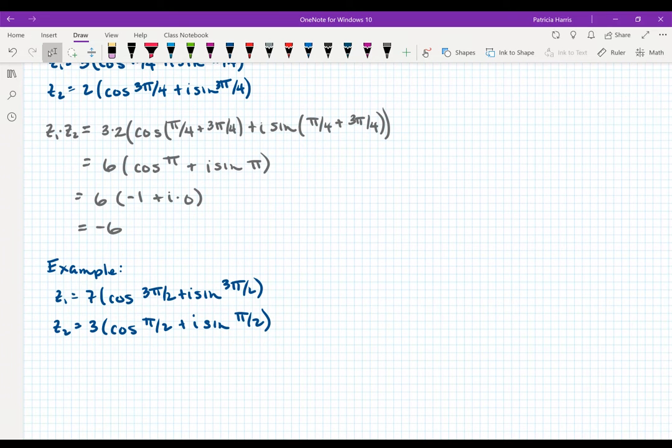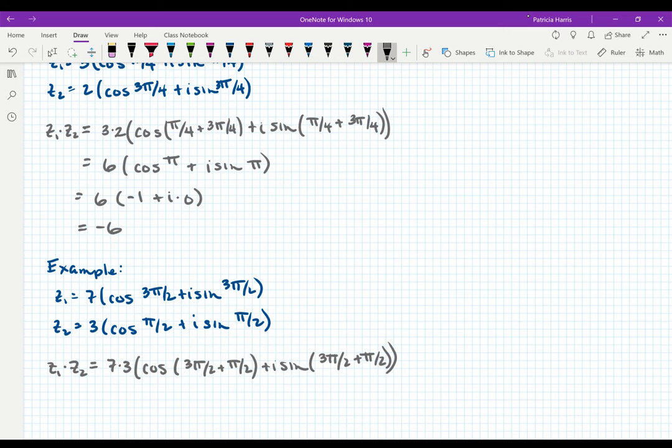Now, if you want to, you could convert these back to a plus bi, but it's up to you. Sometimes that might be harder. So we're going to go z1 times z2. 7 times 3. Now we're going to add our thetas. So we got 21.